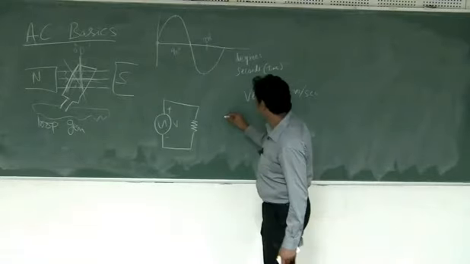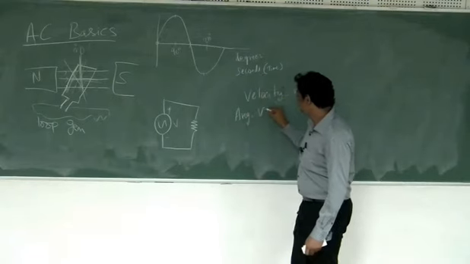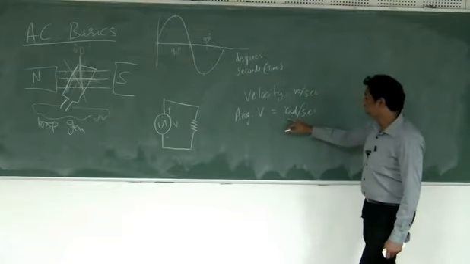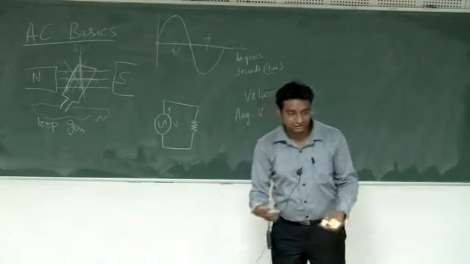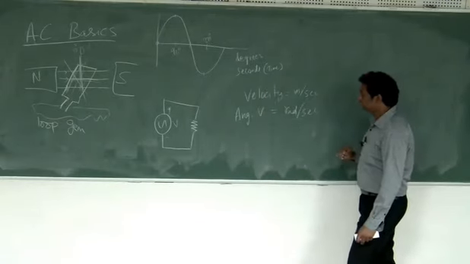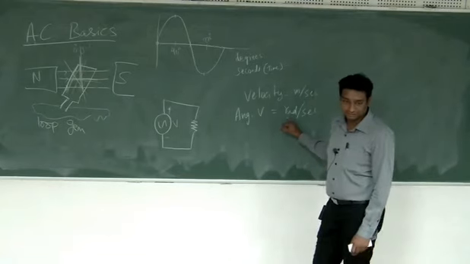What is angular velocity? Angular velocity is radians per second. Radians is another measure of angle, as you already know. So radians per second is angular velocity. In 1 second, how many radians is it covering?